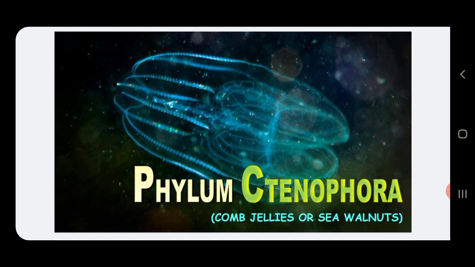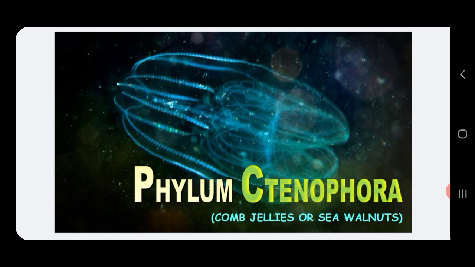About the cnidoblasts, the ectoderm of coelenterates has special cells known as stinging cells, the cnidoblasts, as I have told. They are present usually on the tentacles, and are used for defense as well as for paralyzing the prey, and they are also helpful in anchorage.